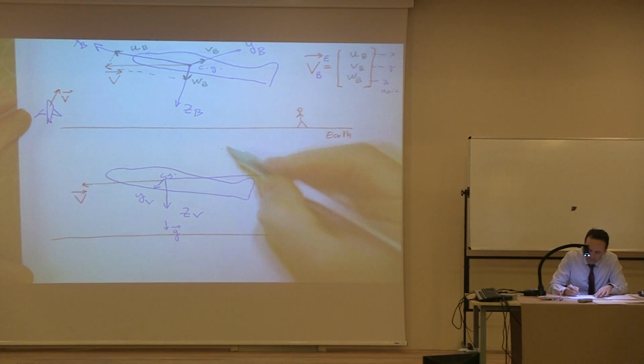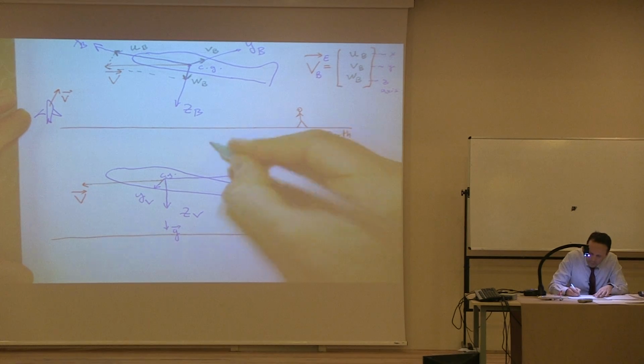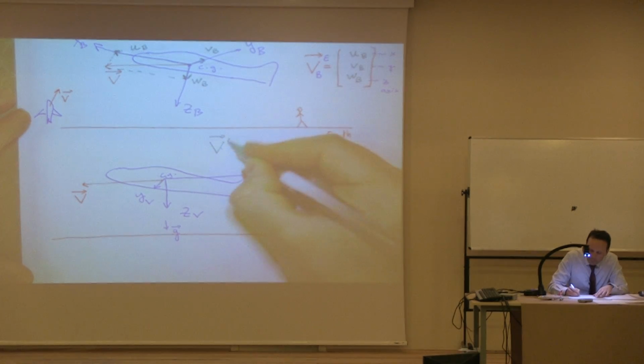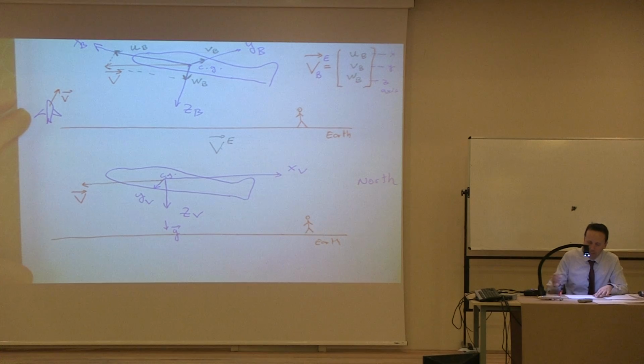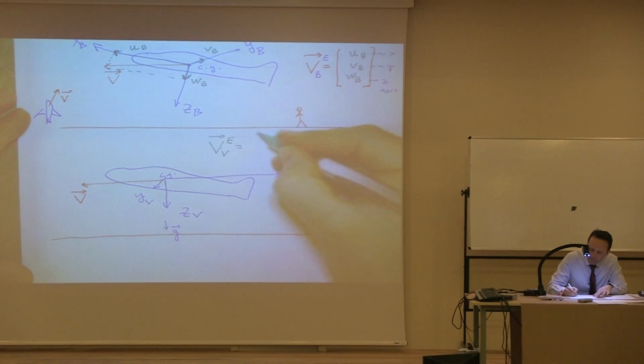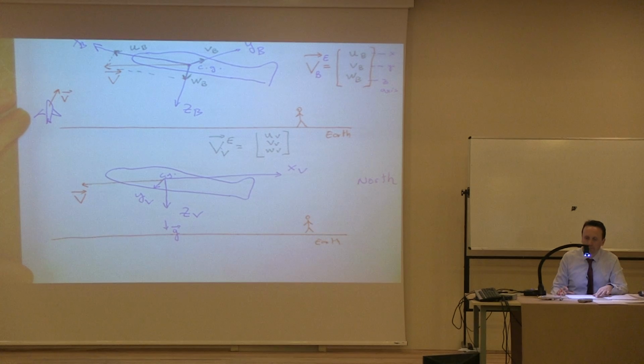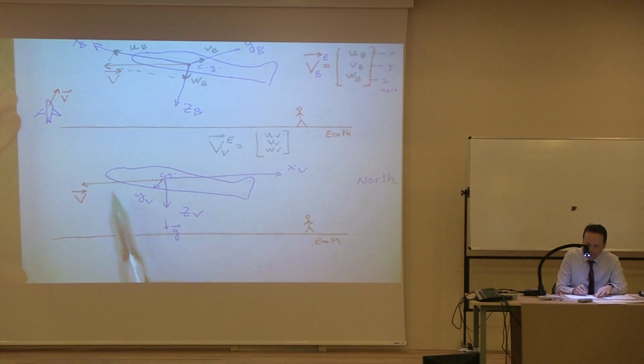But you could say this. Let's put it here. The velocity vector, as observed from Earth, but written in the vehicle carried coordinate system, can be written as UV, VV, WV. It is a velocity vector observed from Earth, but written in this new coordinate system.